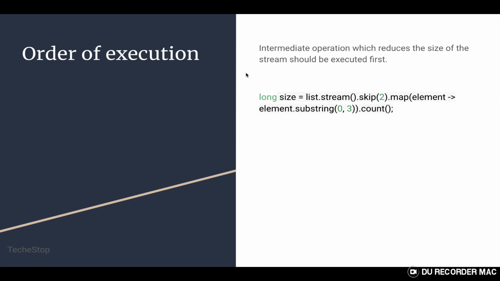So this is how the order of execution works. You have to decide the order in which you execute the stages of your pipeline, so you can optimize the way you are executing your stream pipeline, right?